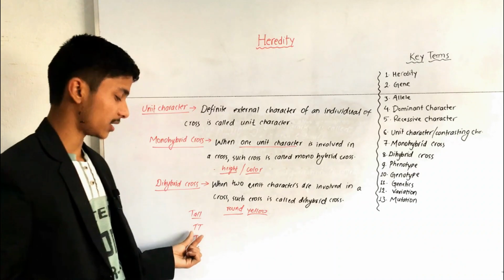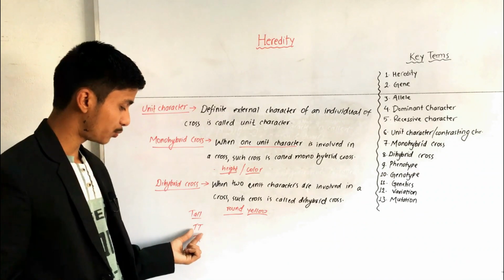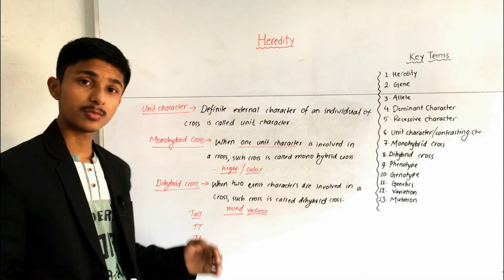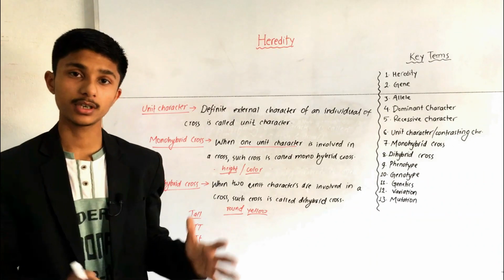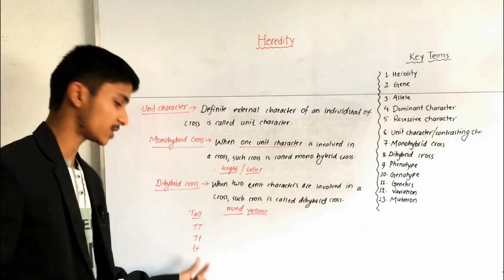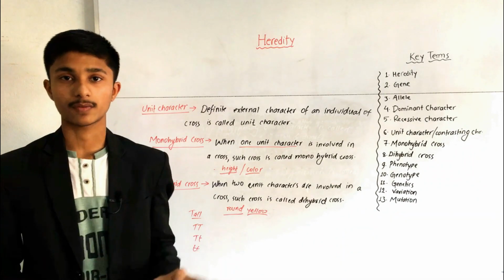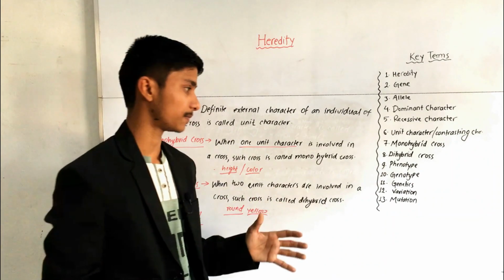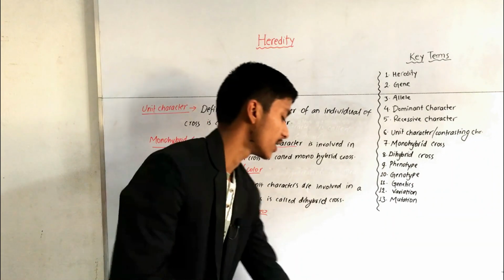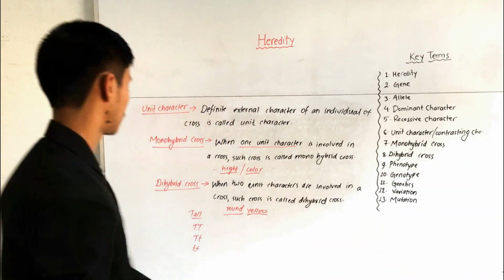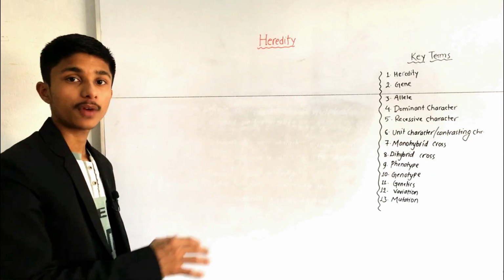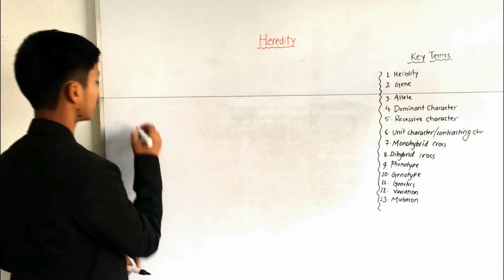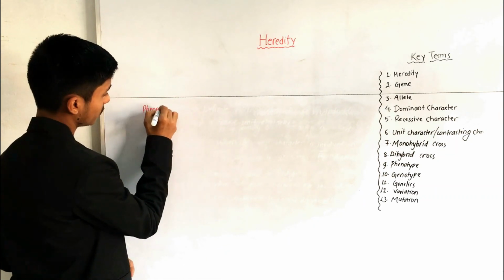Here capital T capital T is the pure tall, capital T small t means hybrid tall, and small t small t means dwarf, pure dwarf. Okay, so this is called genotype. Now we write its definition. Now we define phenotype, genotype. Okay, first one, phenotype.